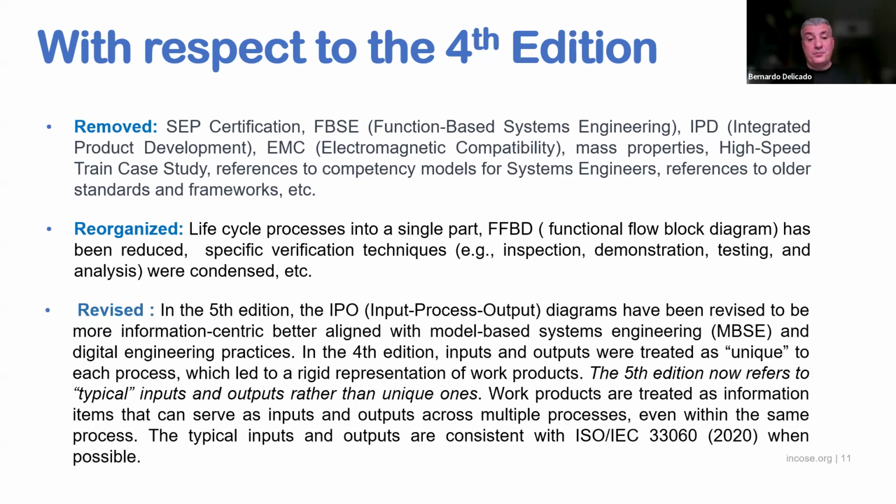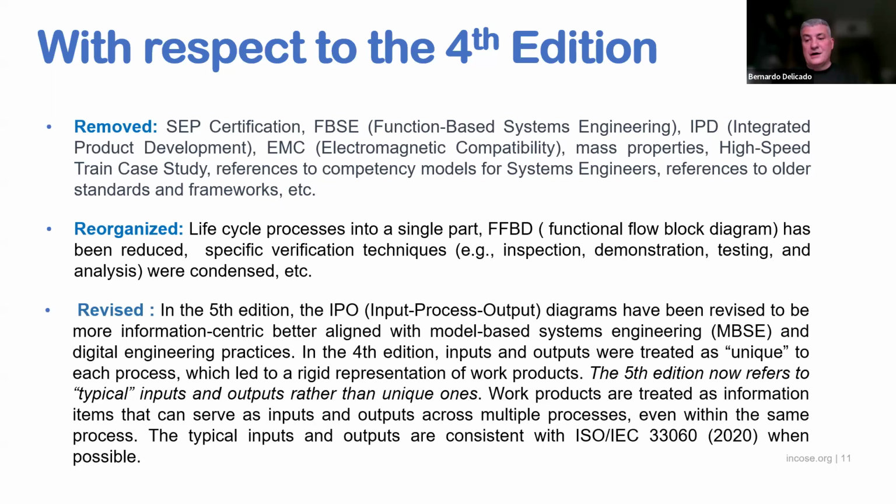It's also important to mention that in the 5th edition, the IPO diagrams, the input process output, were revised to be more information-centric, better aligned with the model-based system engineering and digital engineering practices. In the 4th edition, inputs and outputs in these IPO diagrams were treated as unique to each process, which led to a rigid representation of work products.